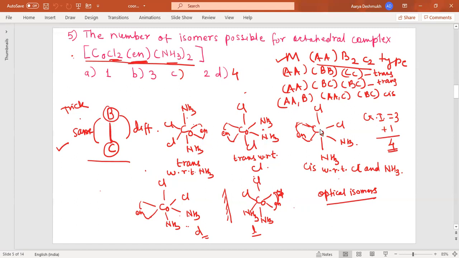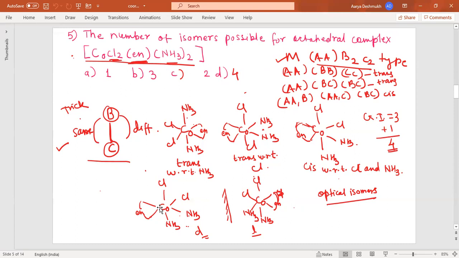Now instead of going into much detail about this, you can use a trick like this. If two oppositely attached ligands are different, and on one side the same ligands are there, and on the other side the ligand is different, then the complex is optically active. Okay, so here you can see these two are different, this is the same, and on this other side it is different. Isn't it?